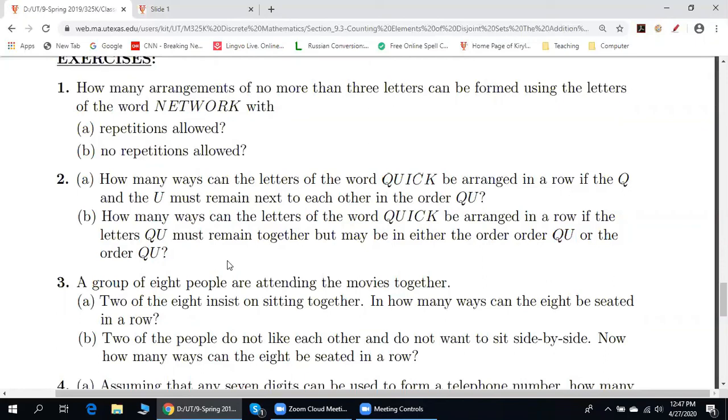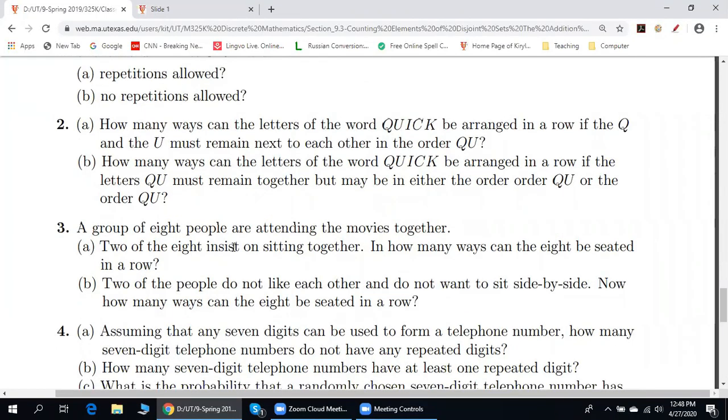How would you answer this question? For QU, you have 4 factorial ways, and for UQ, you also have 4 factorial, because you can also treat UQ as one element. Which means it's 4 factorial times 2: 4 factorial for QU and 4 factorial for UQ.